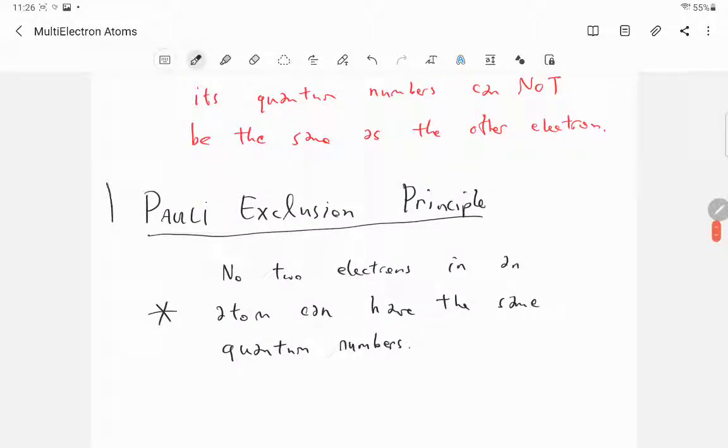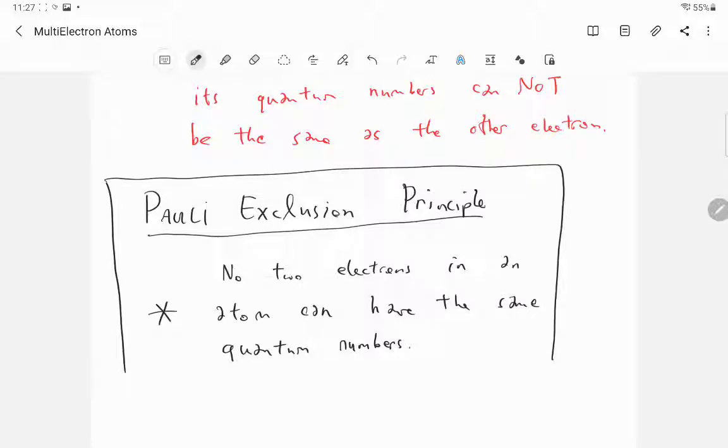This is a big deal. The statement of the principle, no two electrons in an atom can have the same quantum numbers, is how you use it.